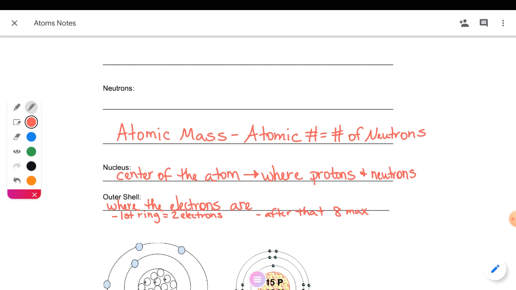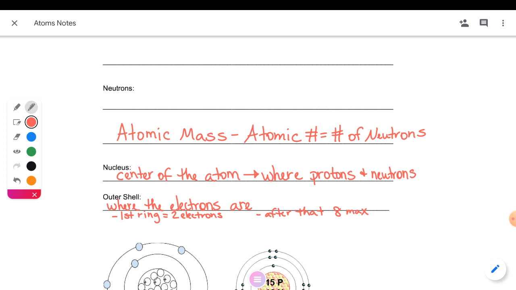Okay, so now we're going to use all of that information. When we look at these atoms down here, it's showing you different ways to draw an atom. There are 3 different models below. We should be able to tell what element it is, how many protons, how many electrons, and how many neutrons, just by looking at the pictures of the atoms.